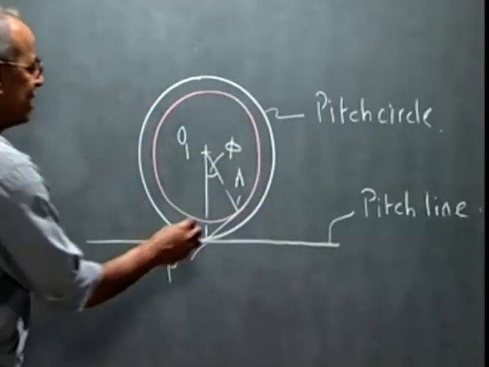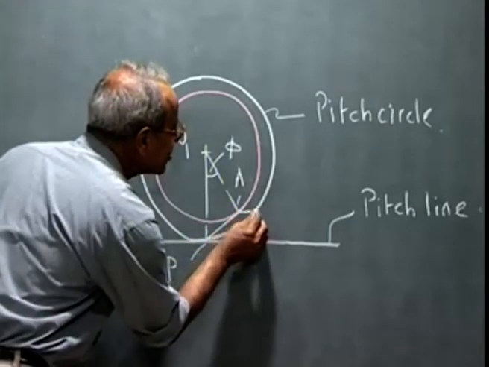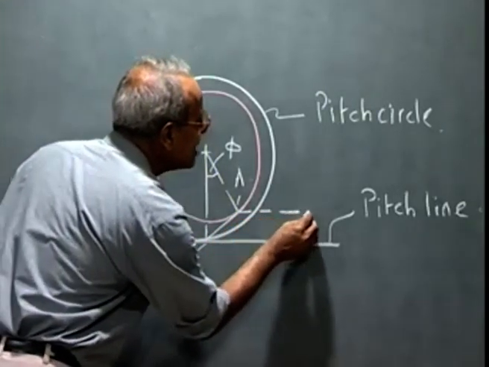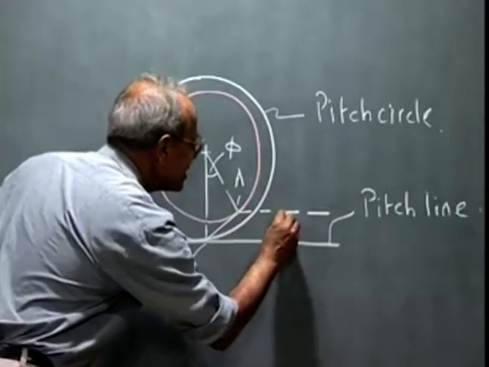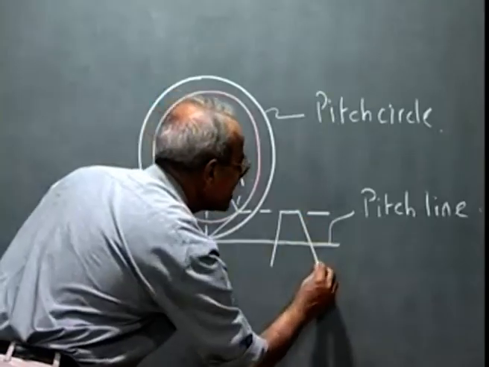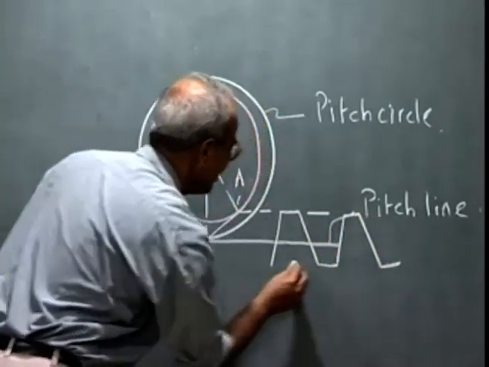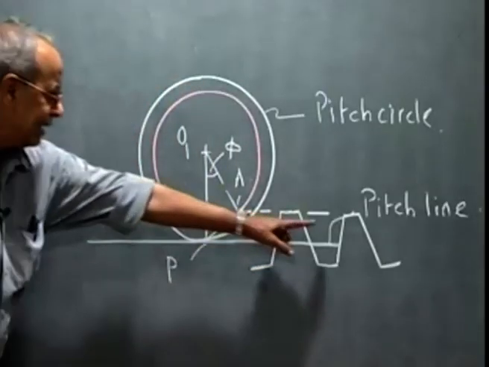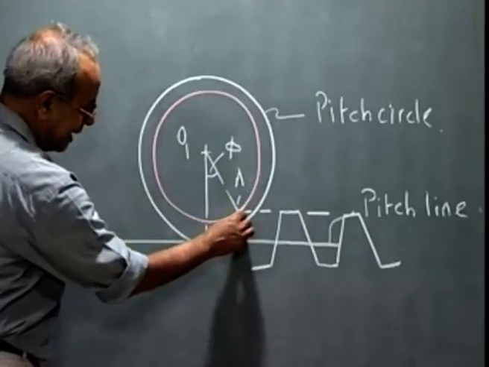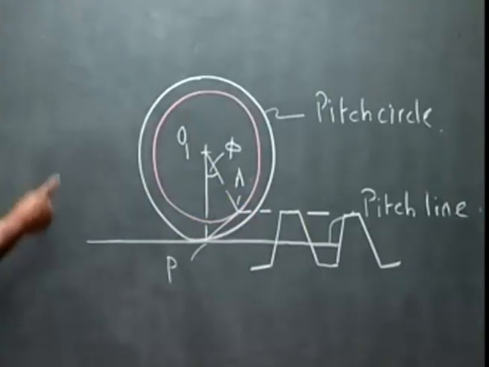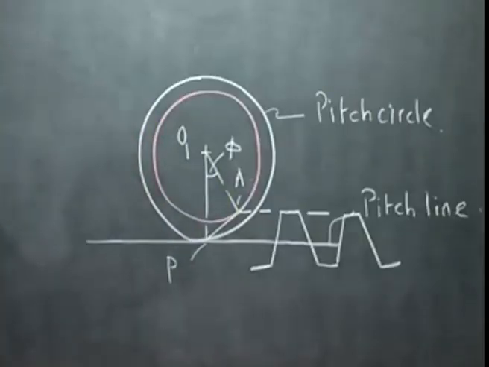Now, if the addendum line passes through the point A, if this is the addendum line of the rack, that is, the rack tooth looks something like this. If the addendum line intersects this base circle just at A, that is when the interference starts, and you can use this diagram for getting the minimum number of teeth on the pinion.